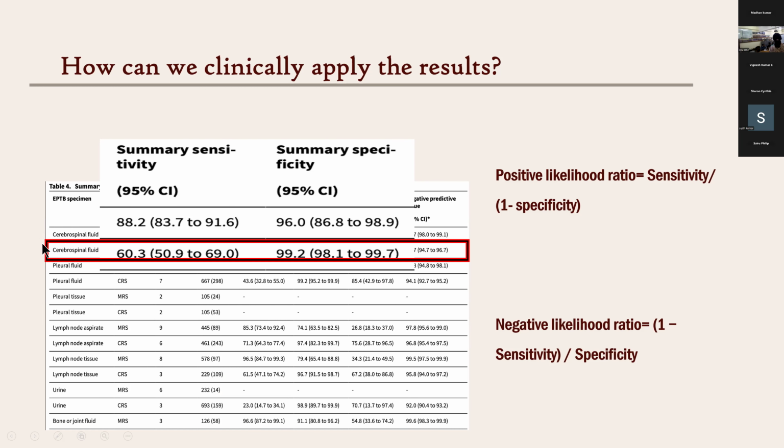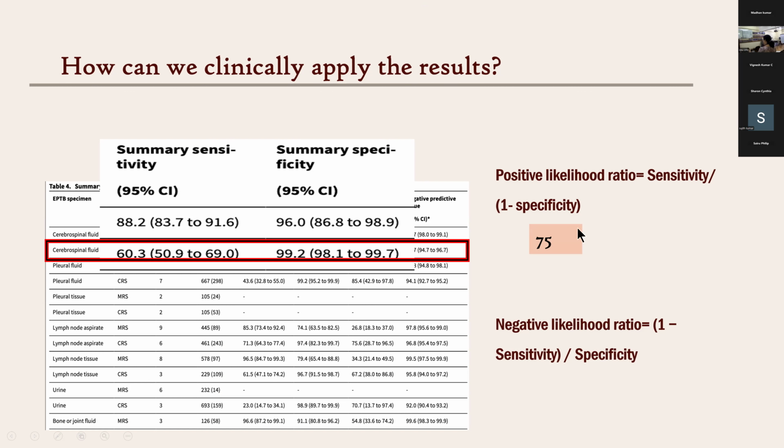It is sensitivity divided by 1 minus specificity, so your positive likelihood ratio is 75.